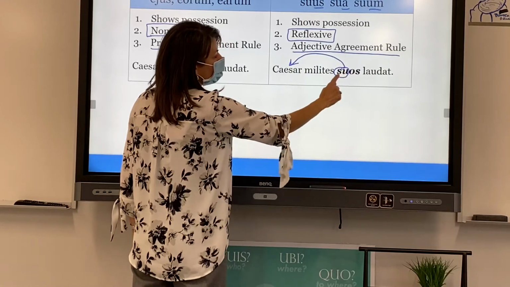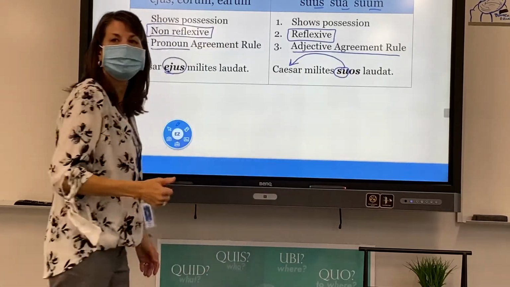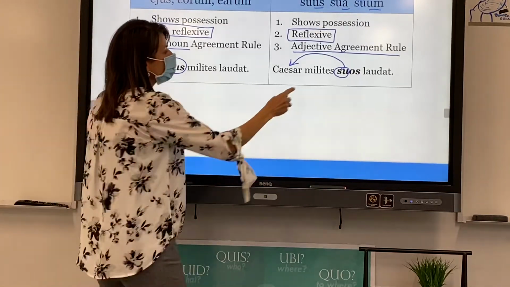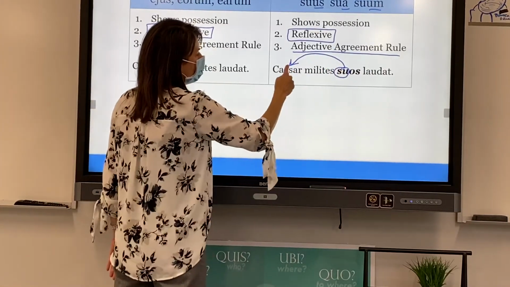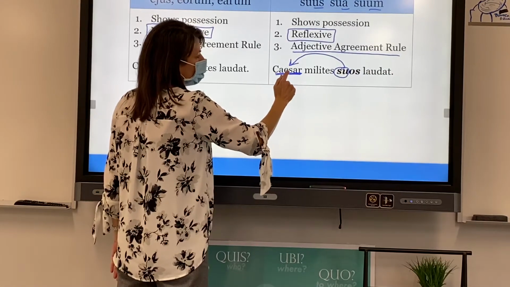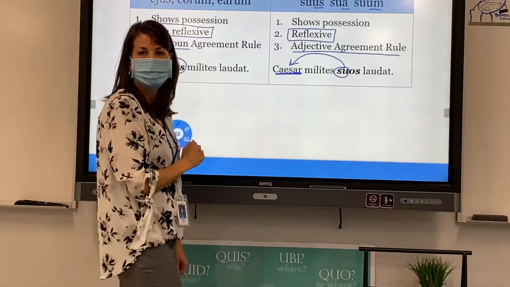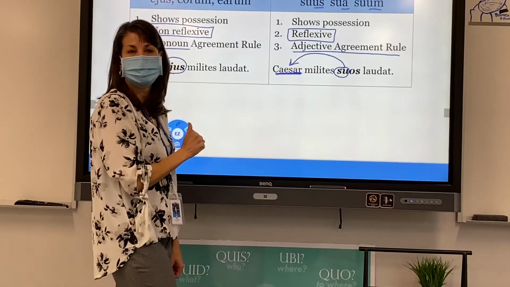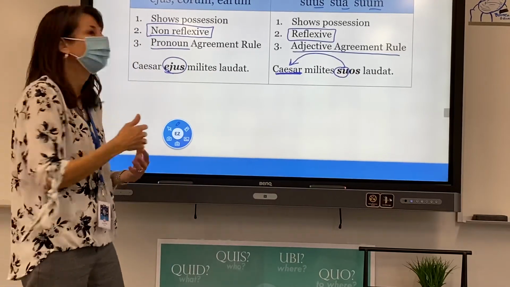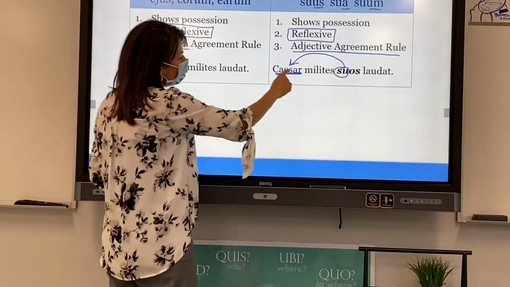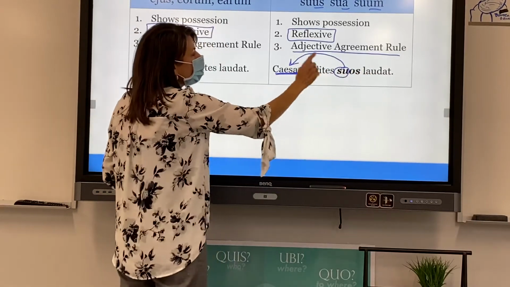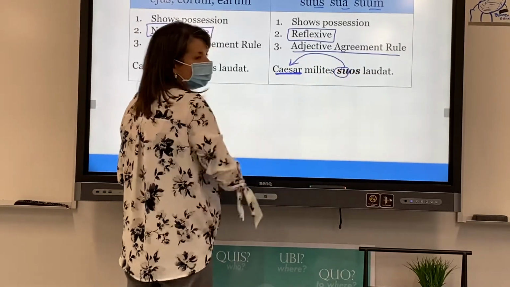I like to think of that su as the first two letters of subject, okay? It always reflects back to the subject, and this is how I know that it's a his, because Caesar is a guy. He's a dude. So it'd be his, and it's going to be Caesar's soldiers. So Caesar praises his own soldiers.